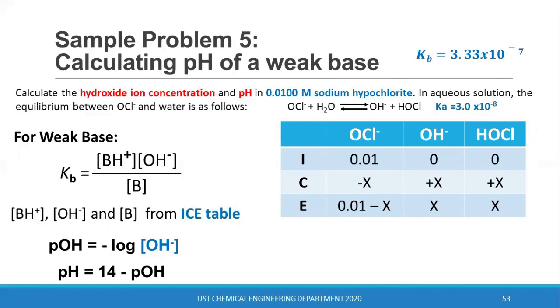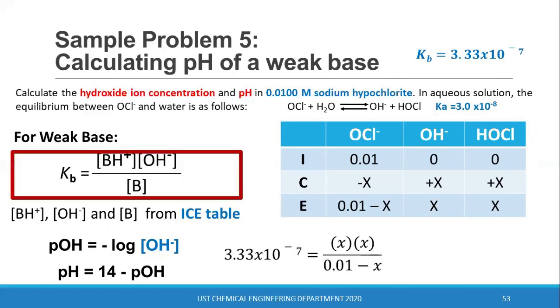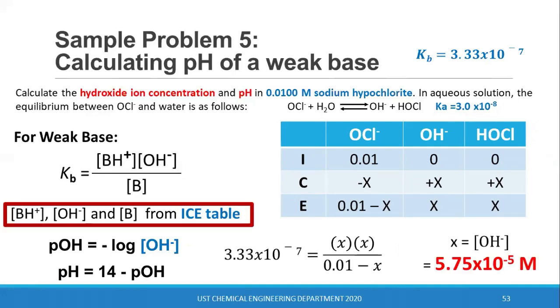Writing the expression for Kb and then substituting the values in the ICE table will result in an equation that again is quadratic in nature and contains only one unknown. Again, you can easily solve this using your calculators. Solving for x will give us the value 5.75 times 10 to the negative 5 molar.